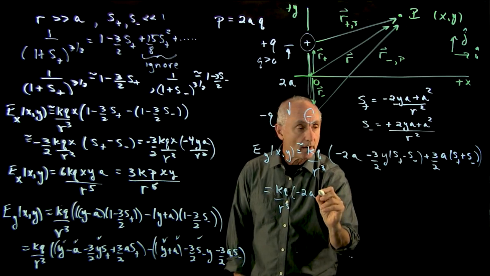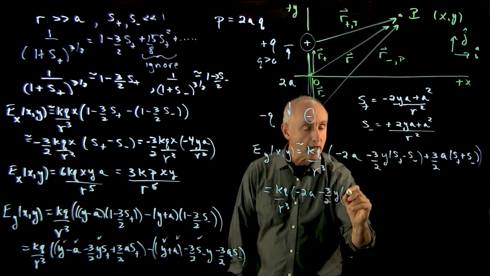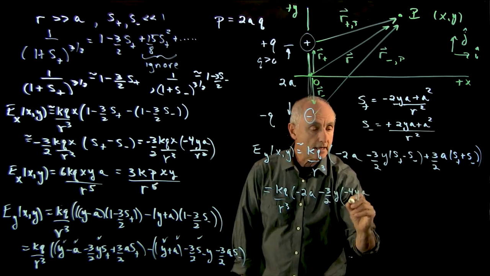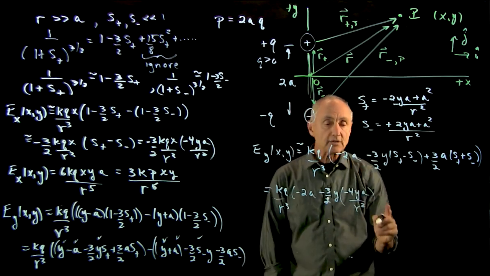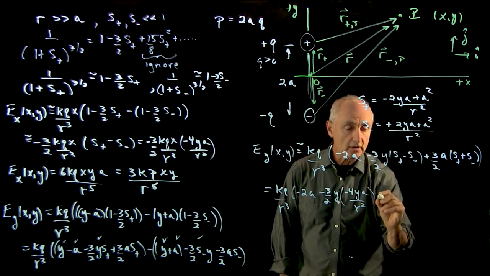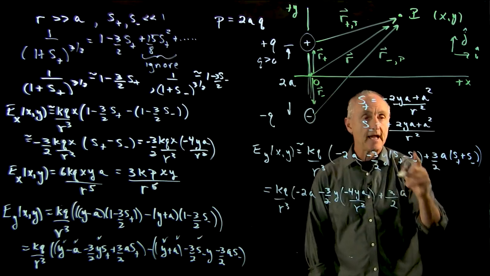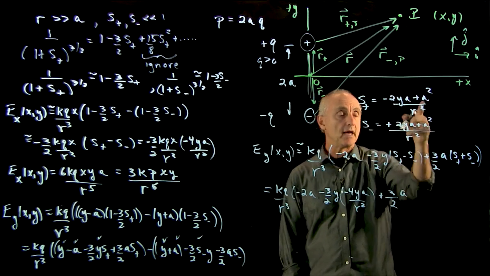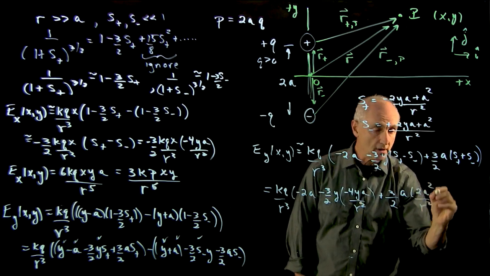So we have minus 3/2 y times minus 4y a over r squared. And our last term is over here. That's plus 3/2 a. And when you add these together, these two terms cancel, and we get a factor of 2a squared over r squared.